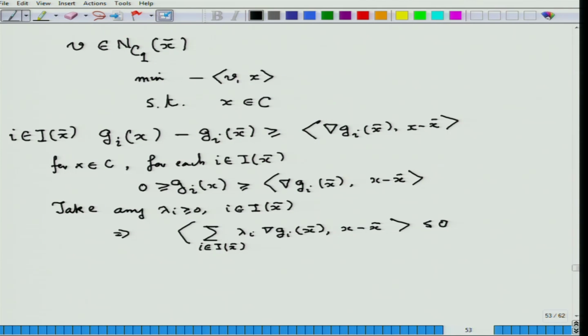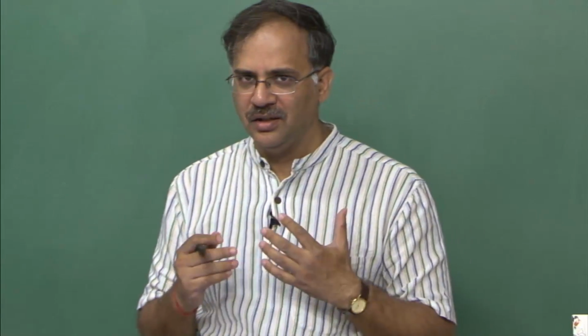Now, does this ring a bell? Of course, it does, because x was an arbitrary element in C. So, what I get is exactly something like the definition of the normal cone. What does it show?